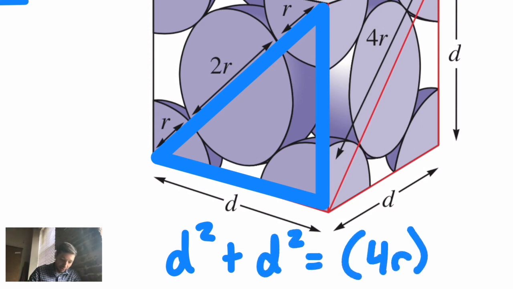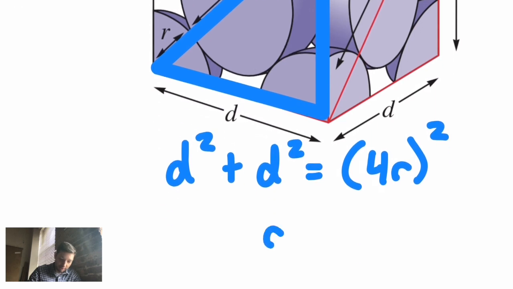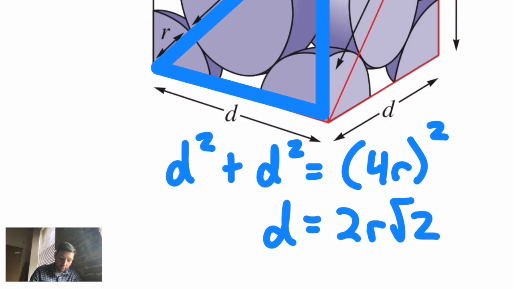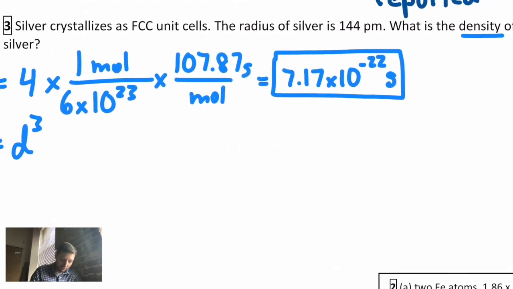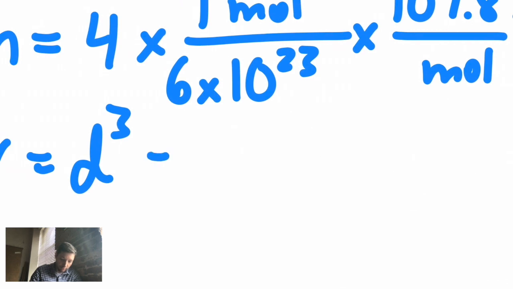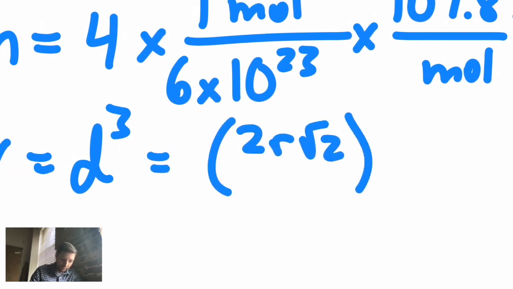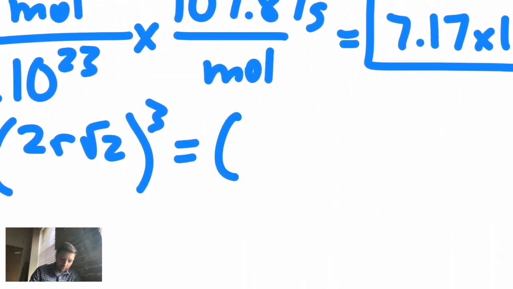You simplify that, and you get that the edge length d is just 2r root 2. So we can use that when we're getting our volume. The volume is d cubed, so that's 2r root 2 cubed, the quantity 2 times 144 picometers times root 2, cubed.